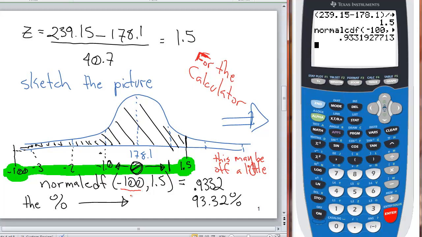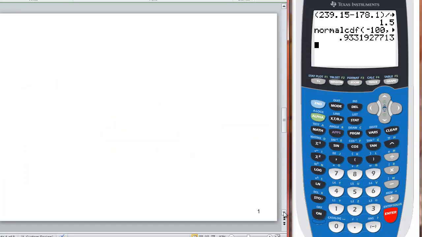I think my calculator defaults to like negative 1 times e to the 99 or something like that, or 1 times e to the negative 99, something like that. And so in this last decimal place, you may get a little bit of difference, but it's only going to be off a little. As long as the first 3 numbers are the same, you're probably good to go, and I'm hoping your professor wouldn't mark off for that. I certainly will not mark off for that. Okay? So that's that example.